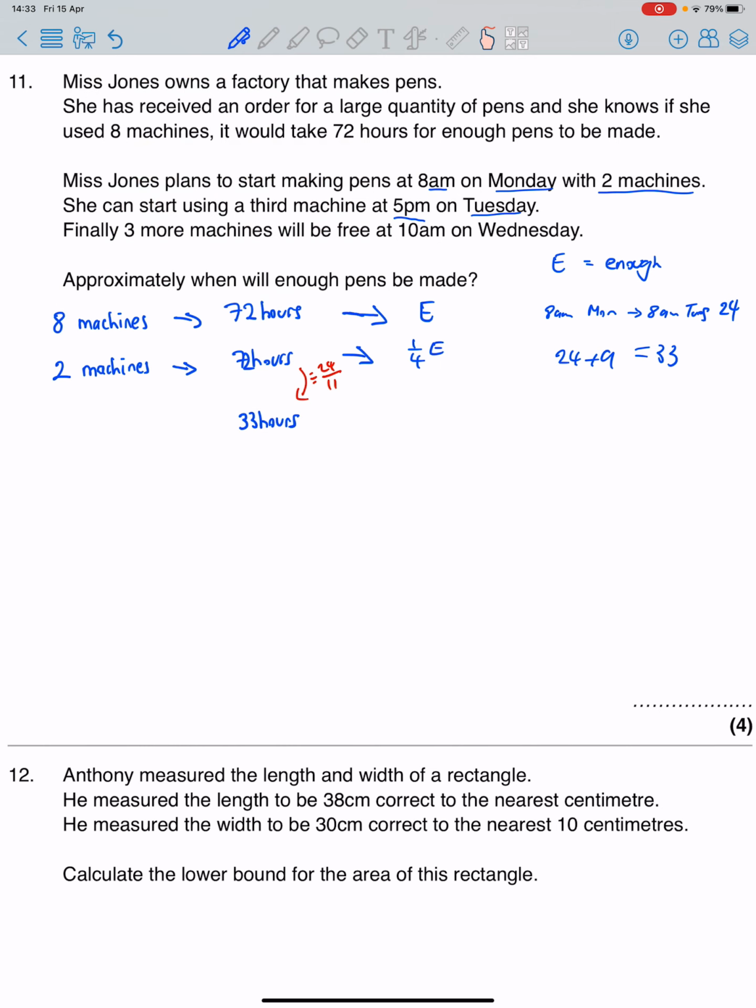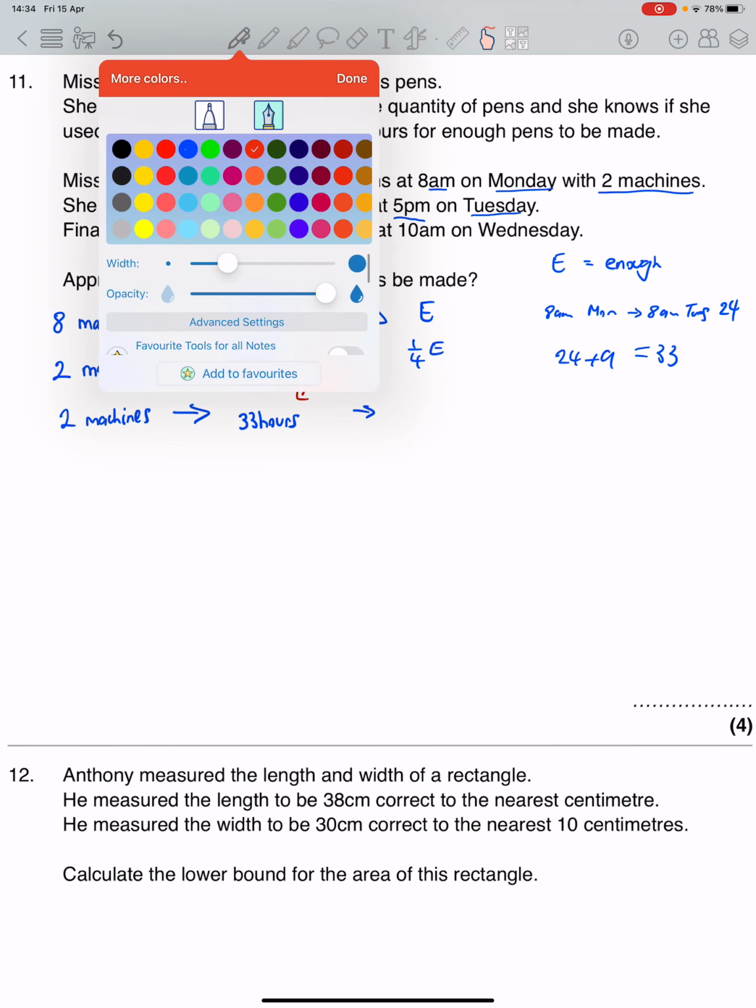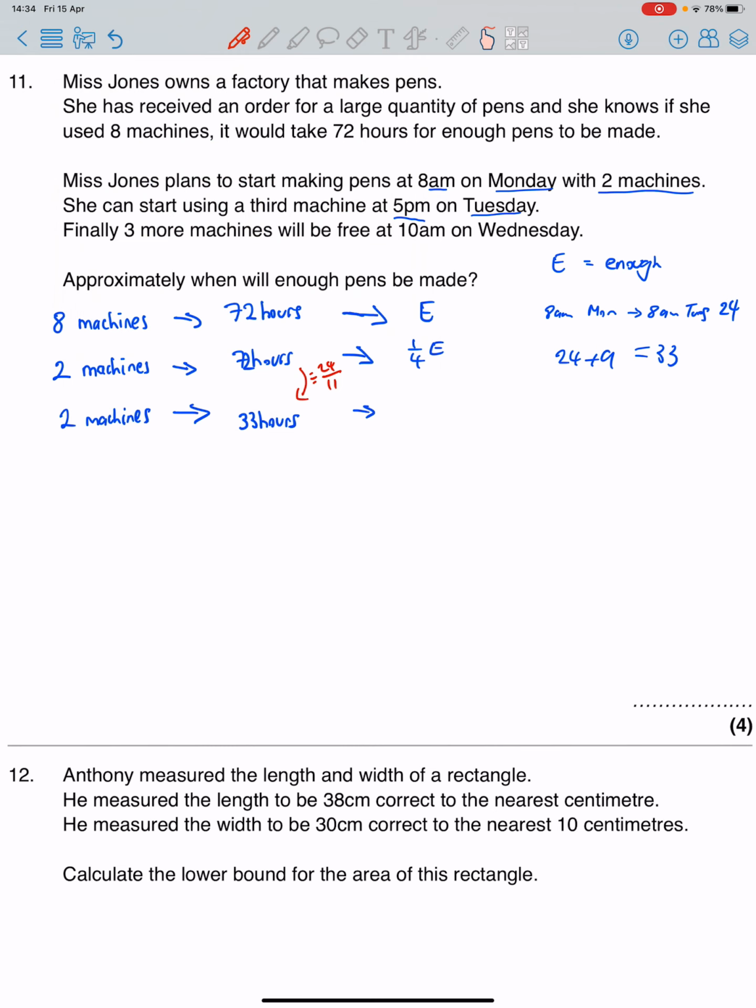It means that 2 machines would take 33 hours, and we also need to divide the 1/4 by 24 over 11 as well, because we've divided the amount of time.